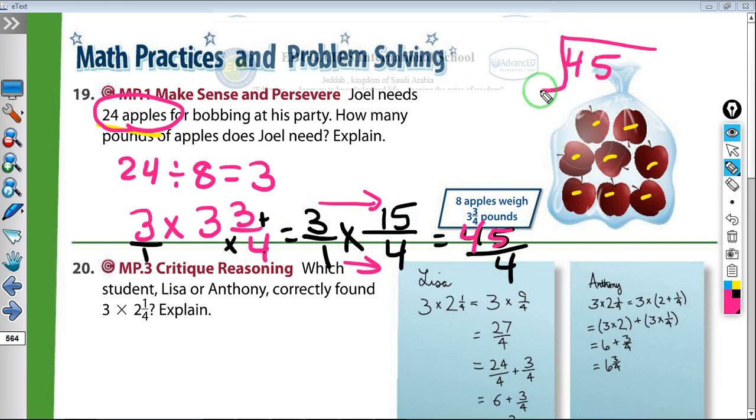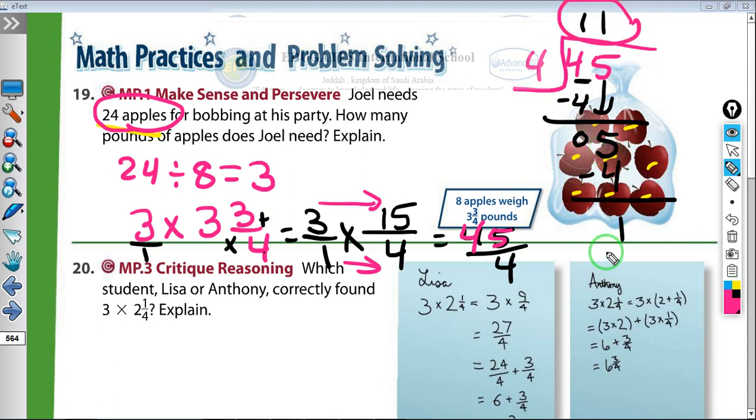45 divided by 4. Just put an underline here. 4 times what is 4 or less? 4 times 1 is 4. Do subtraction. 4 minus 4 is 0. Bring the 5 down. 4 times what is close to 5? 4 times 1 is 4. 5 minus 4 is 1.